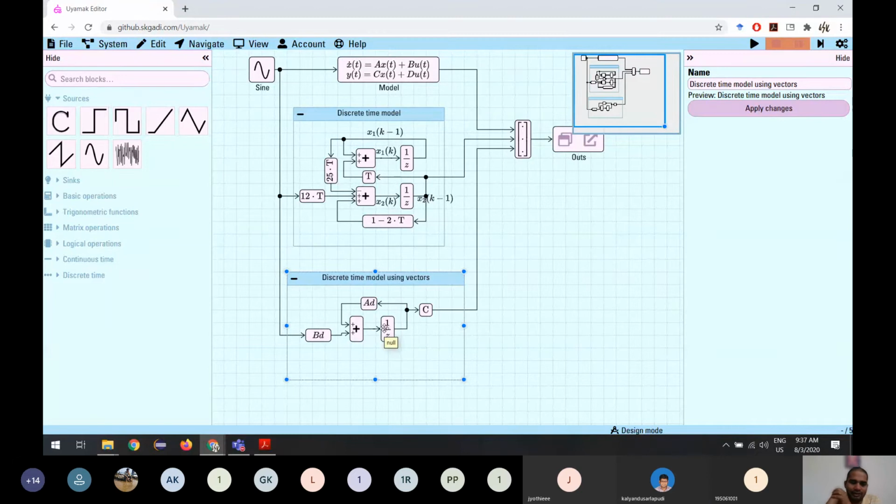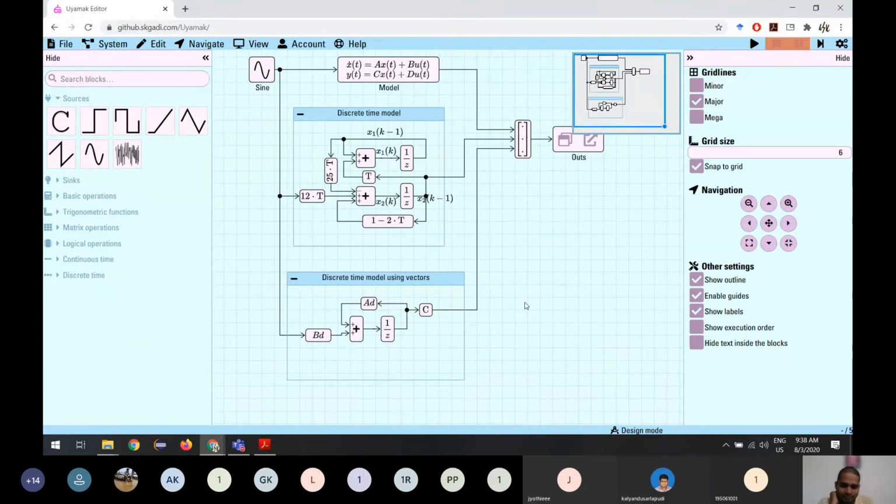There is no computational advantage. It's only for the human. We feel it is easier for us to understand. Computationally, both are the same because we are doing the same operations. Here we are doing element-wise, and here we are doing matrix operations, but the computation is the same.